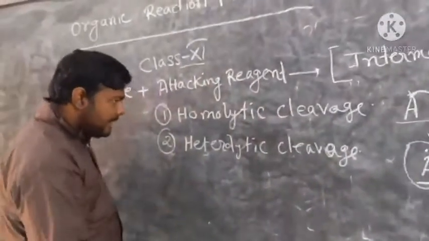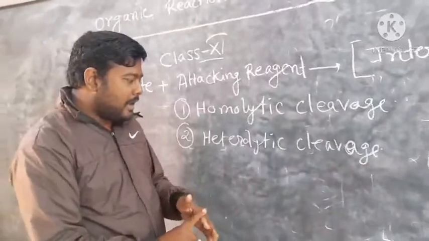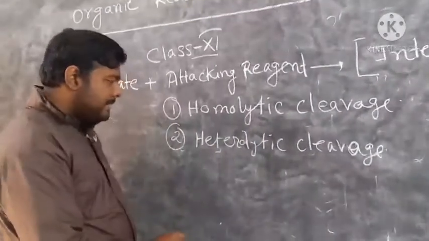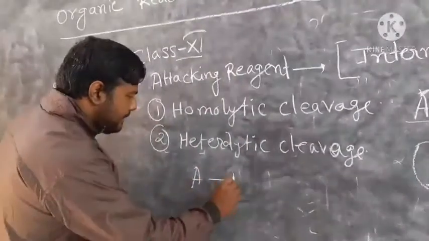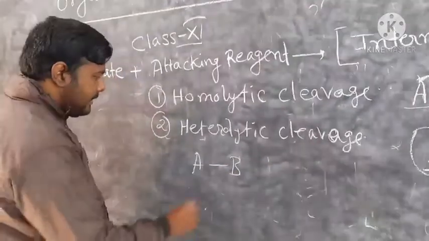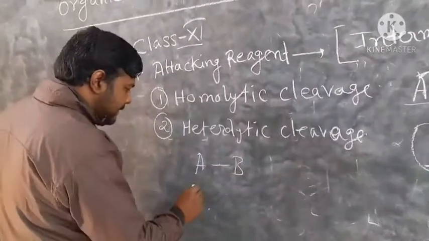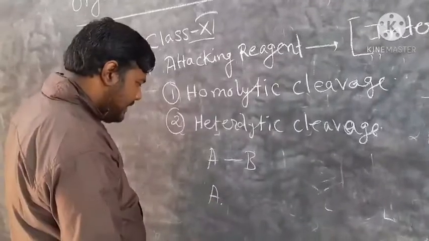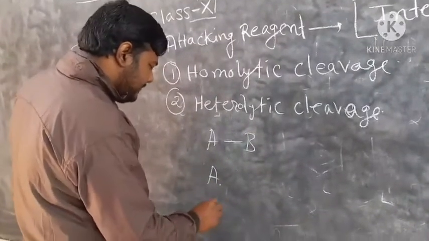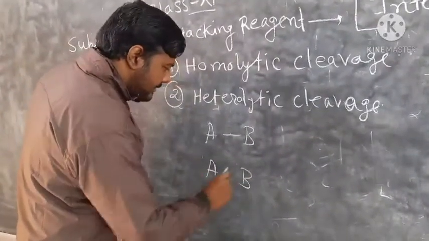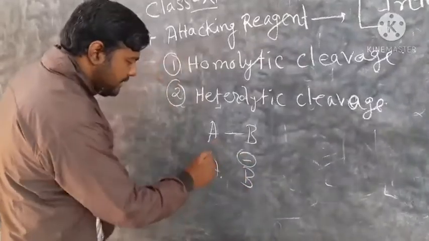Now, in heterolytic cleavage, how does it take place? In heterolytic cleavage, the bond fission takes place in such a way that after fission, one atom gets both the electrons, and the other atom loses its electron.